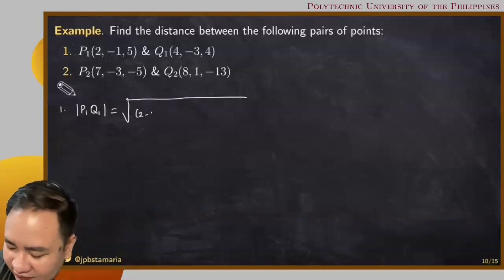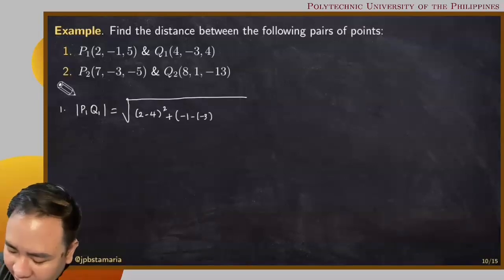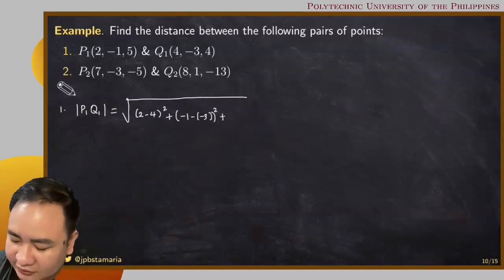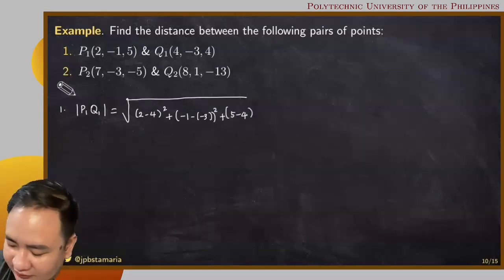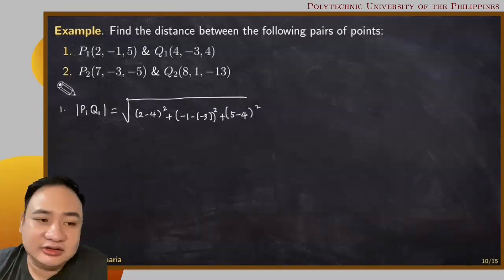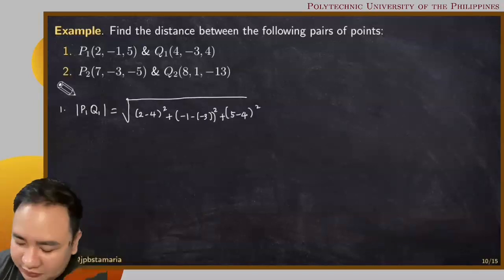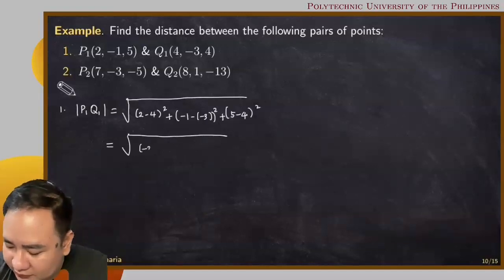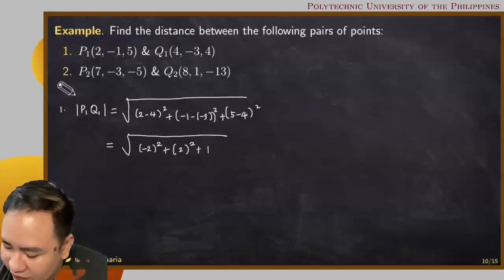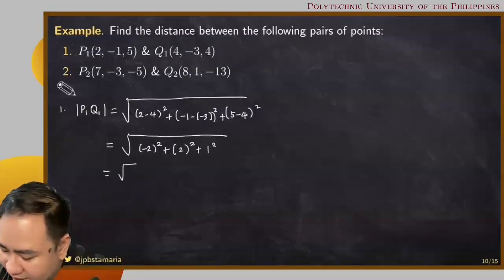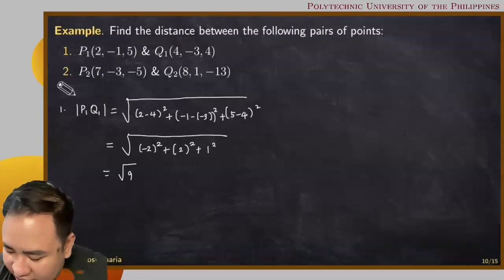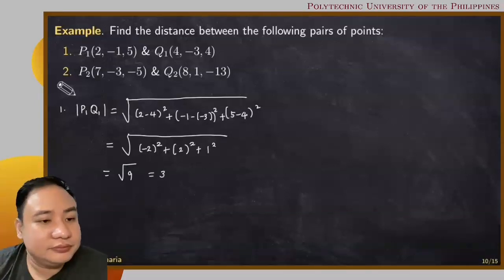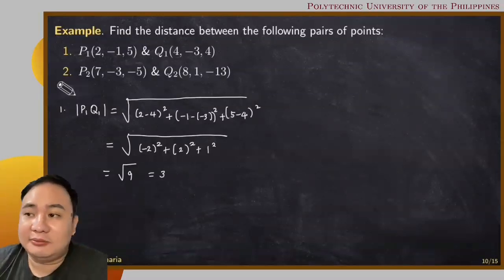Just take the difference of the x's, the difference of the y's, and the difference of the z's, then add their squares and take the square root. So, square root of negative 2 squared plus 2 squared plus 1 squared. Square root of 9, so this is 3. That easy.